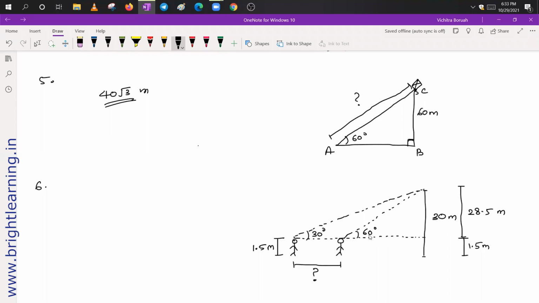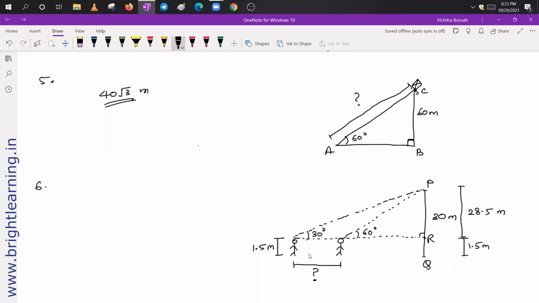Understood? So now here we will get two right angle triangles. First let us give the naming to this figure. Suppose this is point P. Suppose this is point Q. Suppose this is point R.